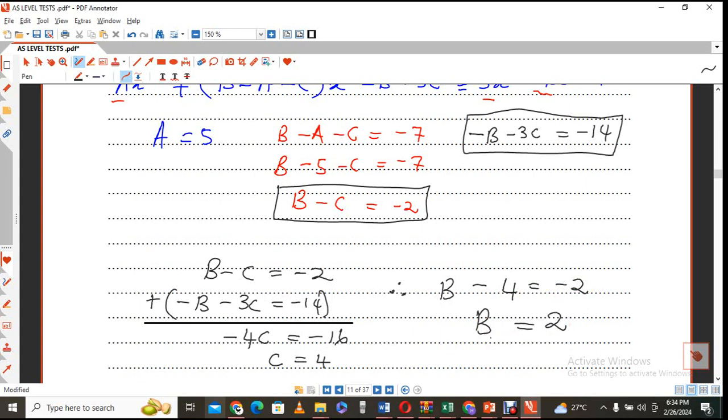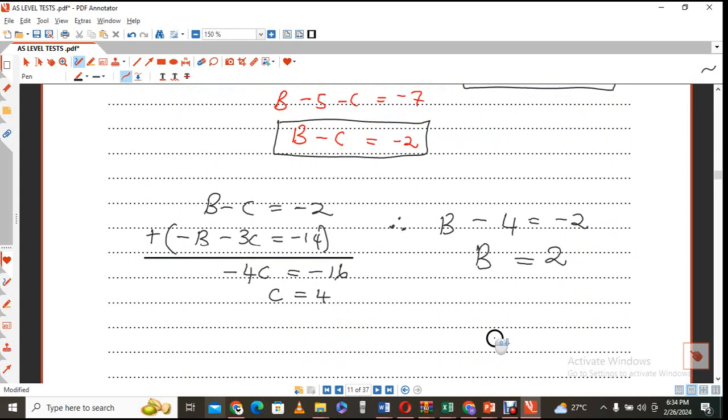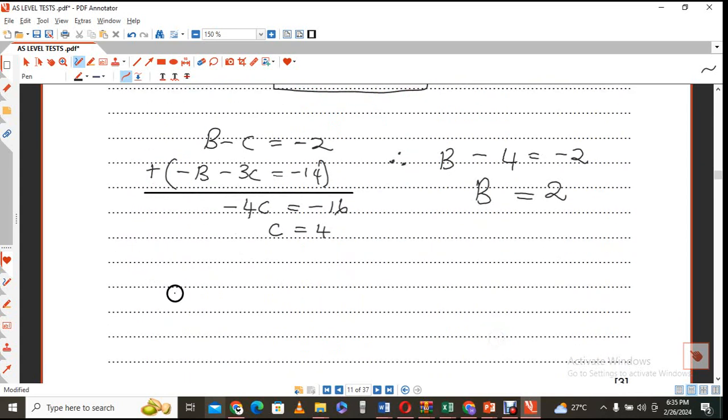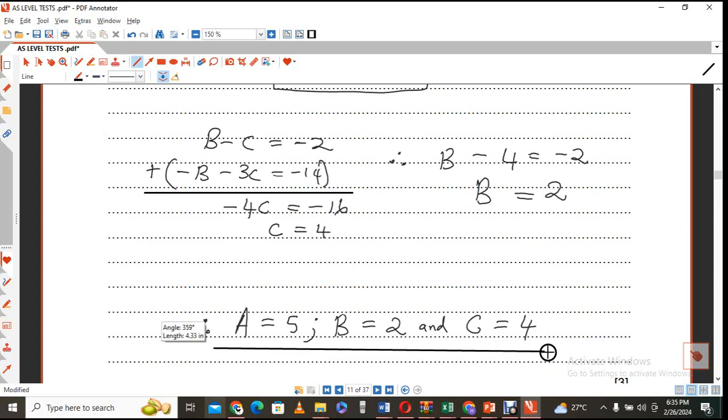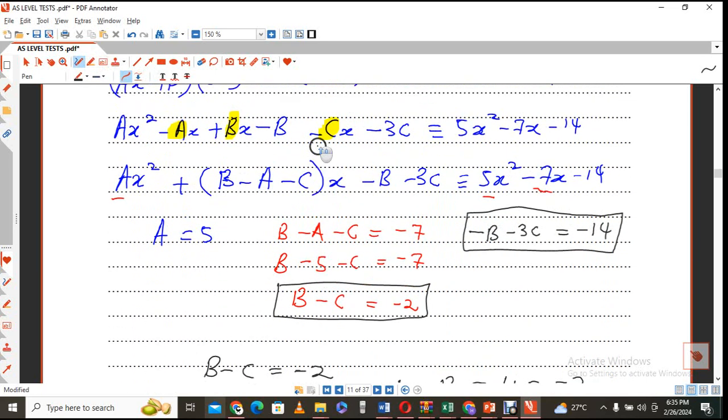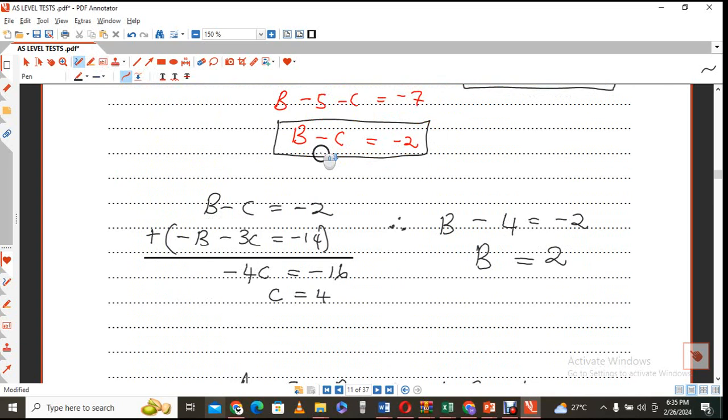Right, so my answers therefore are a equals 5, b equals 2, and c equals 4. So these are the solutions that I was looking for. All right, so you can go ahead and write it down. Of course, there are many ways you can do this. This is just one way of many in order for you to solve that.